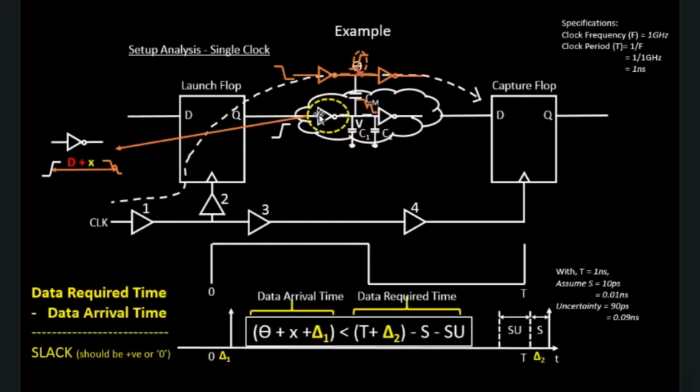Since I'm running a bit late on time, we'll take this example and model the victim drive strength of this particular circuit, and see how it directly impacts the delta delay, or how it impacts the delay of this particular cell, and how the impact on the delay of this cell impacts the data arrival time, and hence the complete equation, basically how it saves us from crosstalk.